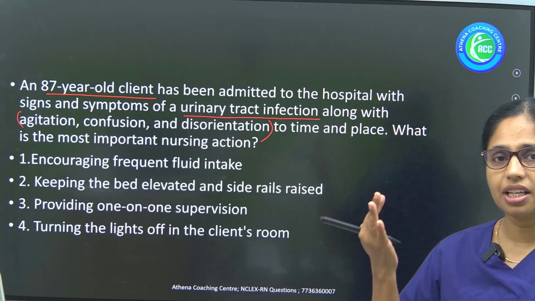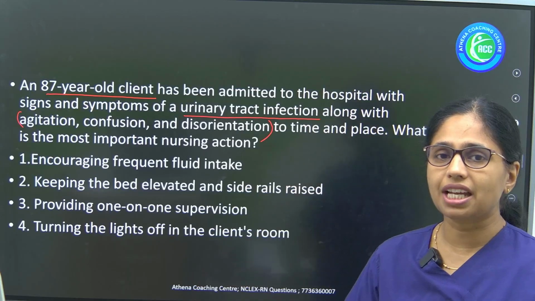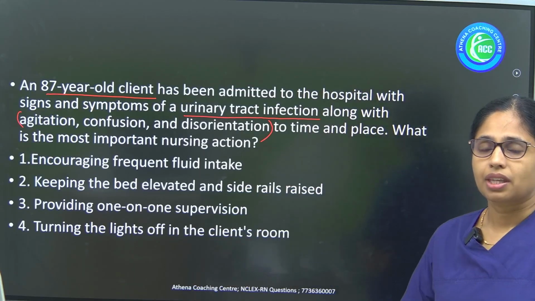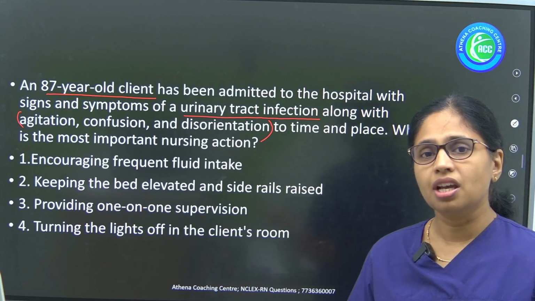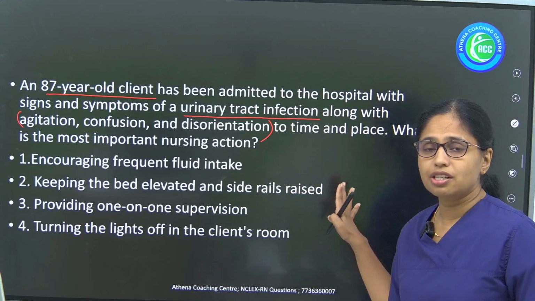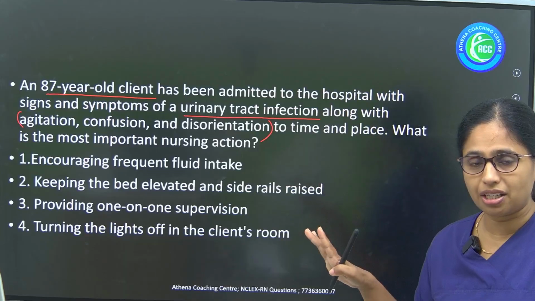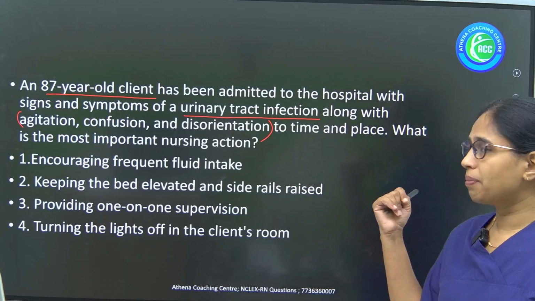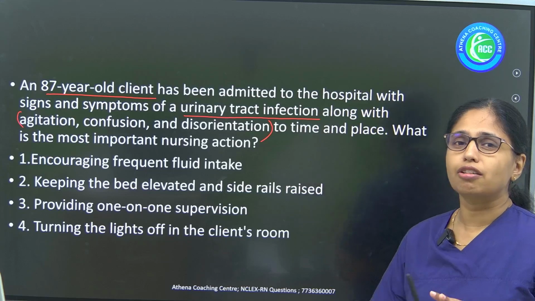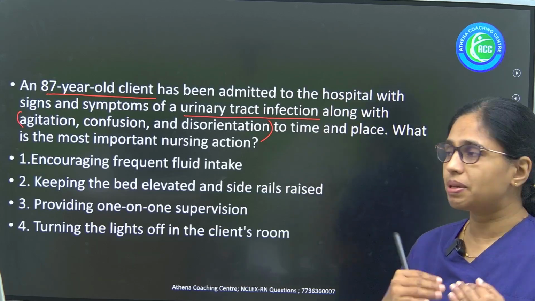Should the bed be elevated or flat? It would be based on the patient's situation. So side rails need to be raised and the height of the bed needs to be reduced, so the bed would not be completely elevated, it would be flat.